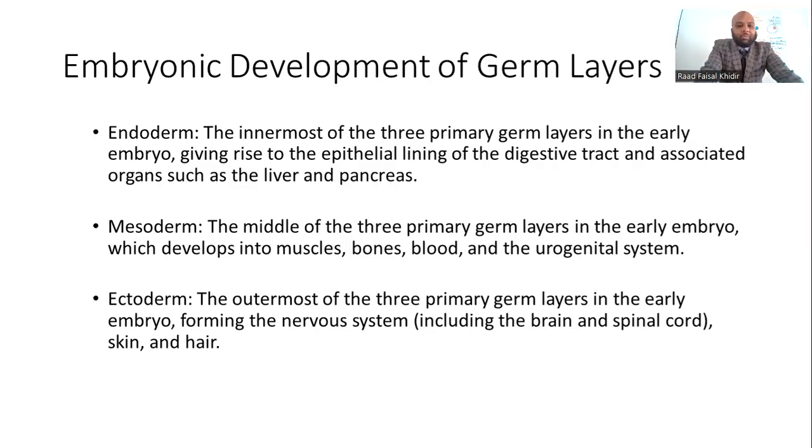The mesoderm is the middle of the three primary germ layers in the early embryo, which develops into muscles, bones, blood, and the urogenital system. That is your mesoderm. That's the middle layer. The endoderm is the innermost of the three primary germ layers, and it gives rise to the epithelial lining of the digestive tract.